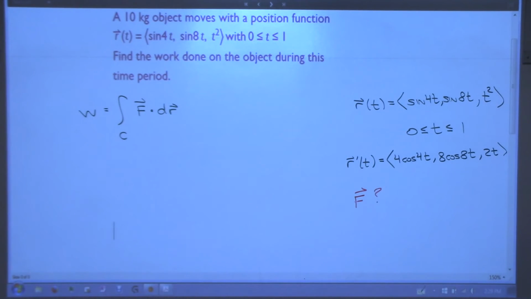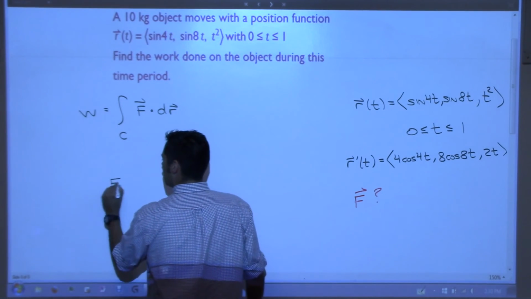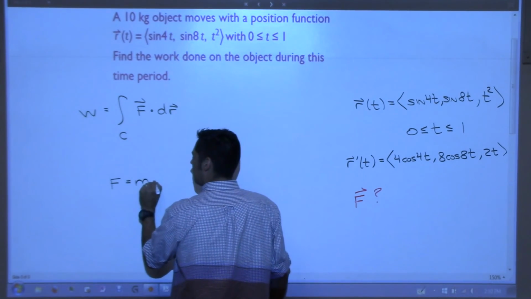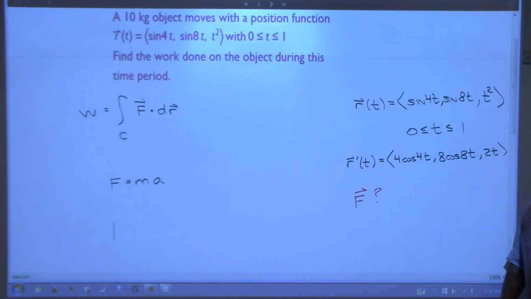I need a field, though, and since I'm talking about work, I'd like to see what the force vector is, right? So how can I get force if all I have is mass? So this is, again, some physics. Force equals mass times acceleration, right?